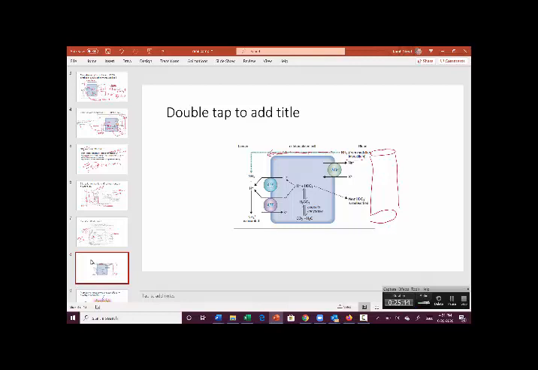And then here we have our secretion of hydrogen as a titratable acid. And here's our hydrogen made from the carbonic anhydrase being secreted through the hydrogen ATPase. And now it's combining with ammonia to form ammonium, which is a fixed acid, not titratable. Okay.